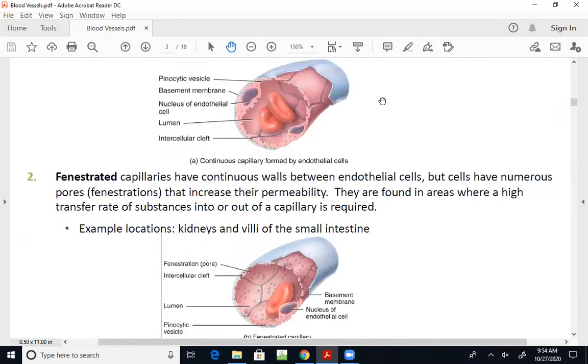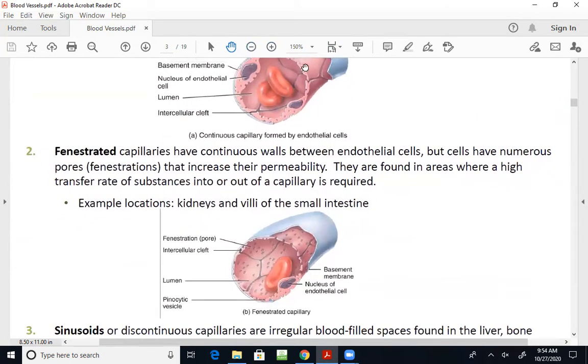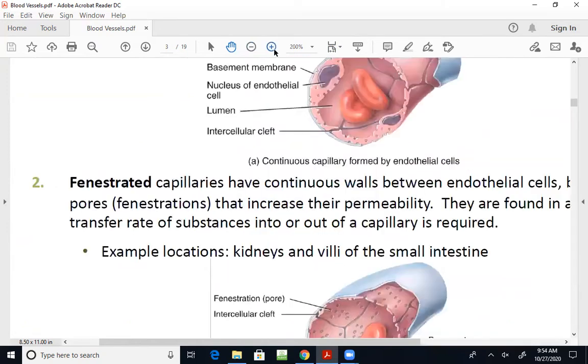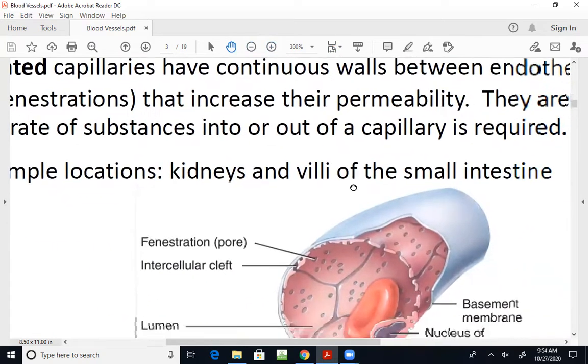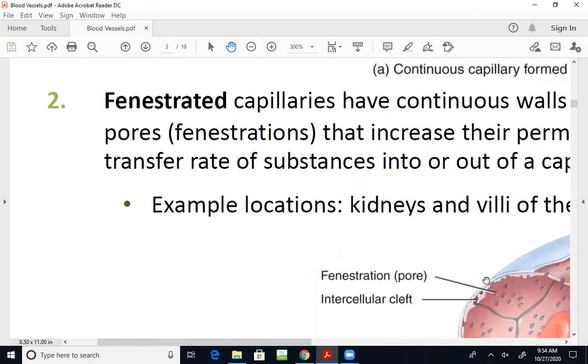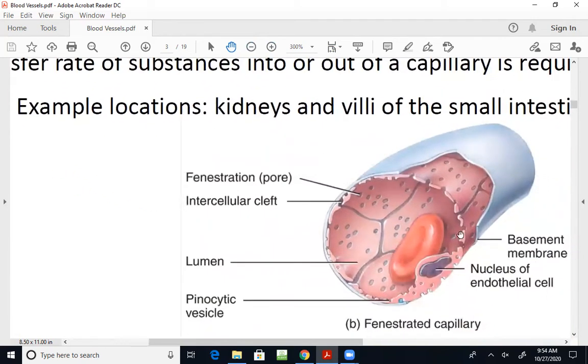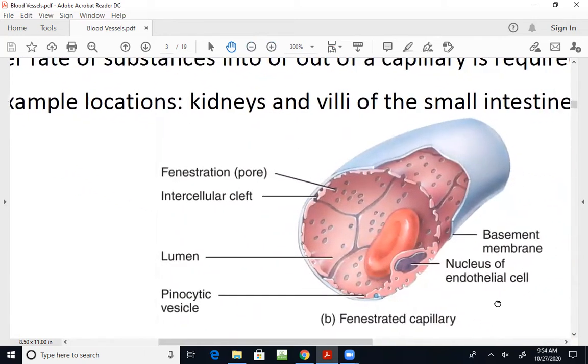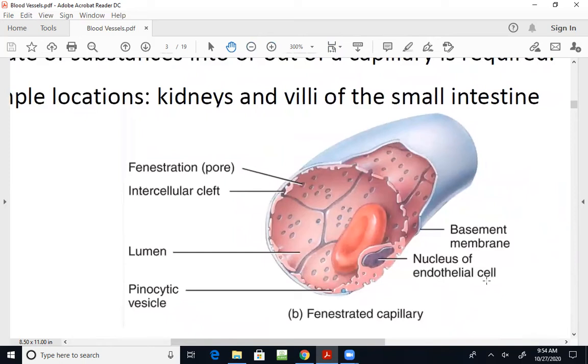Okay. The second type are quite a bit leakier than our continuous capillaries because they have tiny little pores or fenestrations, which is where their name comes from, fenestrated capillaries. I always think of them like a strainer that you use when you're making pasta after you boil it.